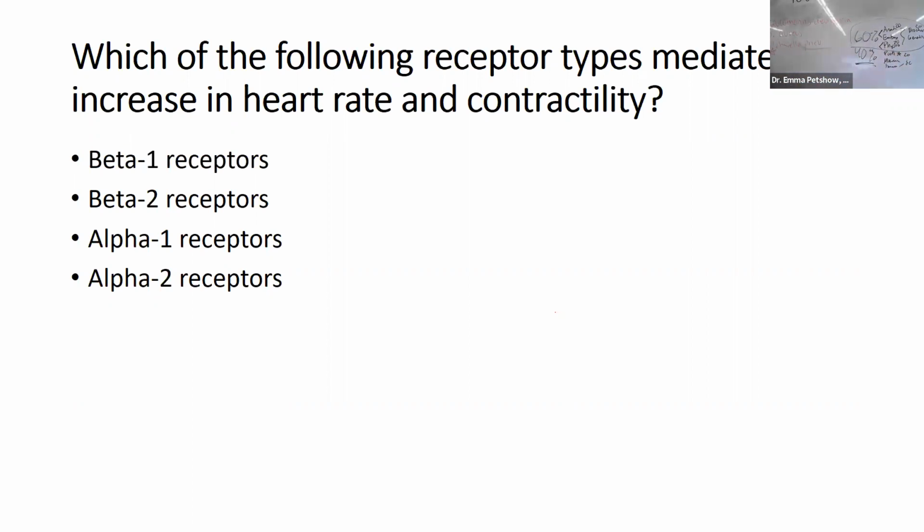Alpha 1 and alpha 2 are more associated with blood vessel vasoconstriction, although they can be located other places. They tend to ask beta 1 questions or beta 2 questions. They love those. Beta 2 to lungs and to other tissues involved in sympathetic stimulation. So beta 1, think just heart. Beta 2, anywhere else. And then alpha, more blood vessels. That's kind of how I separate those.